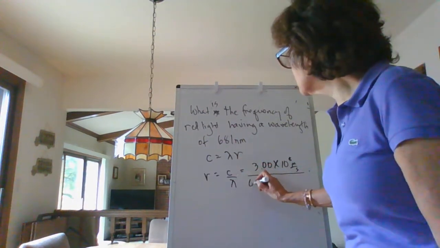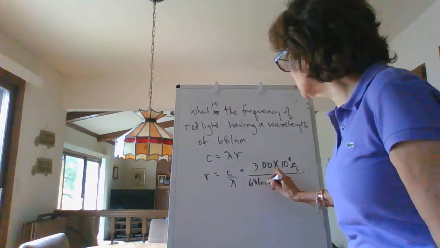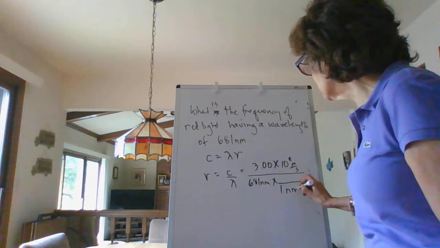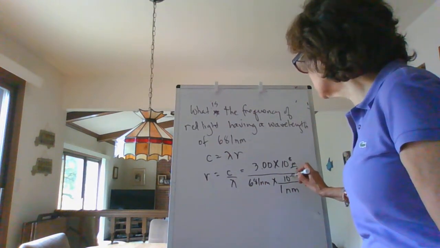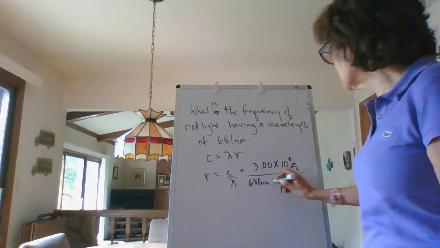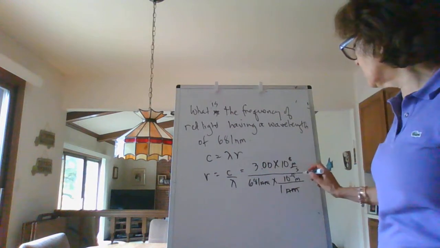Lambda is 681 nanometers, but we better change that to meters. So 1 nanometer is 10 to the minus 9 meters. Okay, so nanometers cancel.